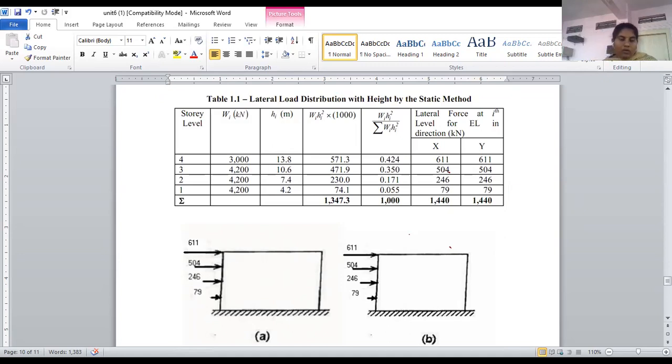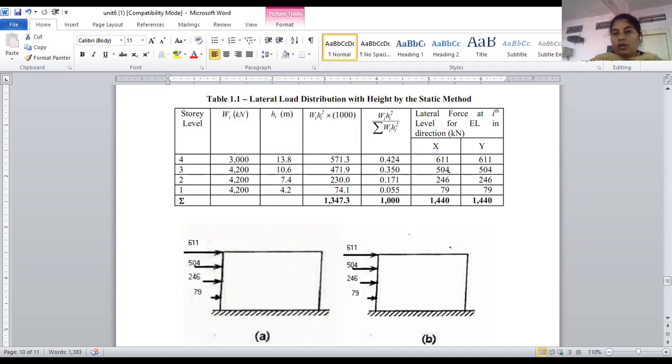Okay, I hope you have completed this. Now we'll move towards the next chapter, which is based on the ductile detailing of RCC structures. In unit number 6, we have learned the earthquake design philosophies and the stepwise procedures to evaluate the seismic forces.